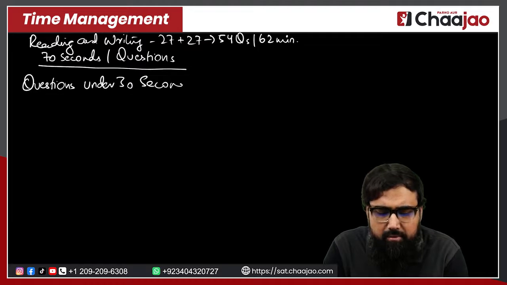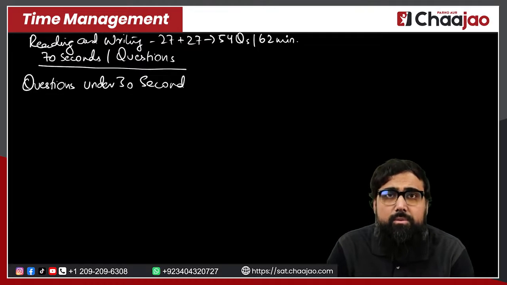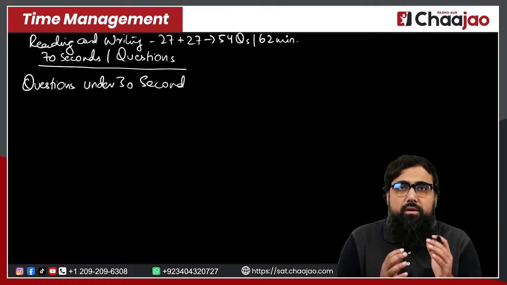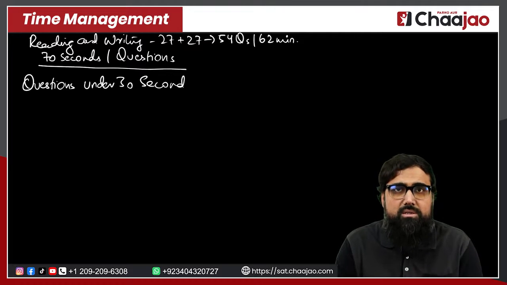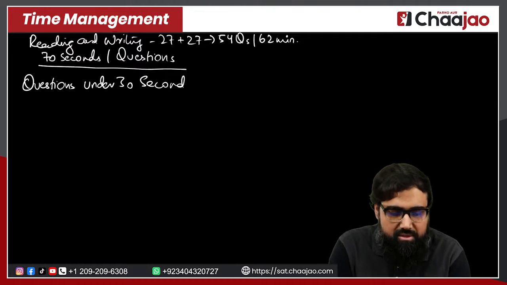I have a separate video on this as well, and I'll share the link in the description, where I have solved these questions in 30 seconds so that you can understand that it's not that difficult. It is really possible to solve those questions in 30 seconds. It's not just something I'm claiming like that, right?